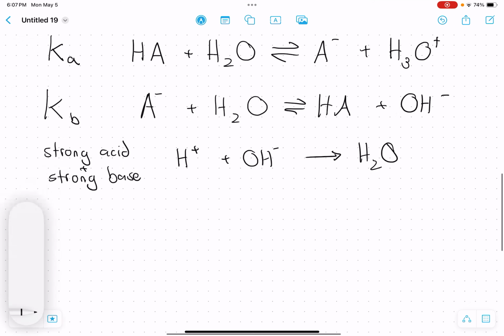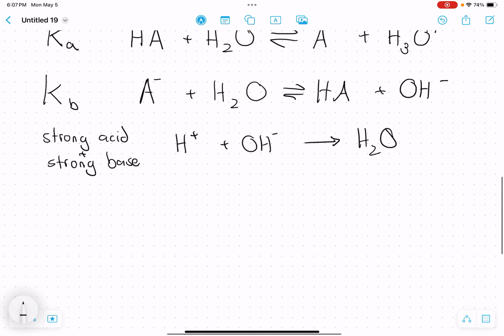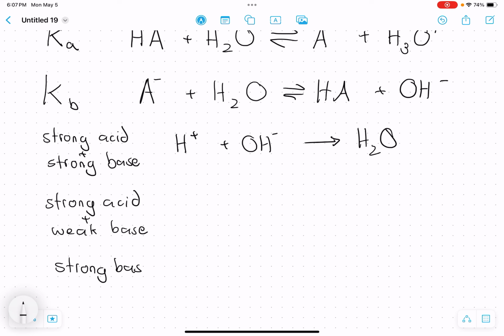Okay, now if we had, let's say, a strong acid and a weak base, and then at the same time, we'll also do strong base and weak acid. So this would be like you have a buffer and you're adding a strong acid or a strong base, or you're titrating a weak acid with a strong base.